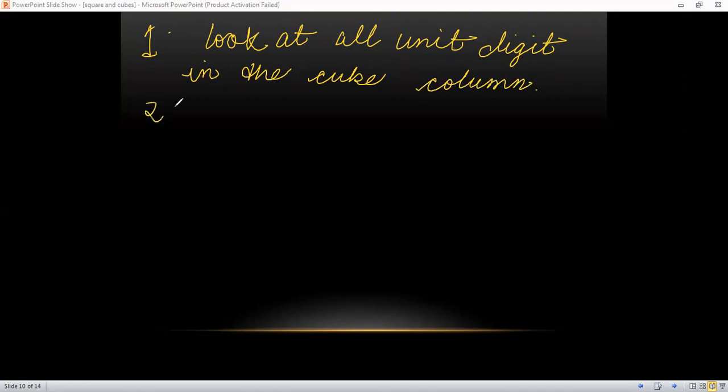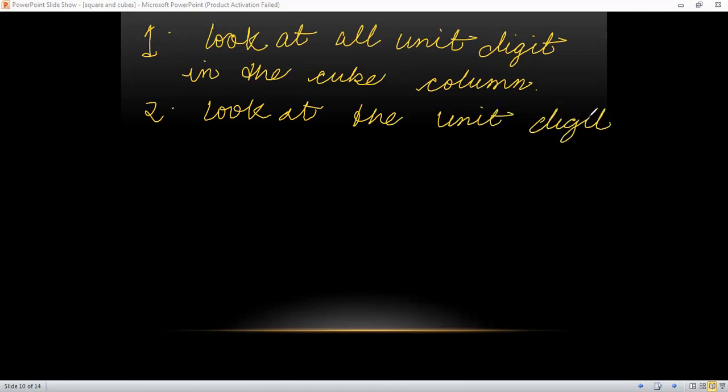And step 2, look at the unit digit of the given number, then you compare both numbers, and then you write the unit digit for the cube root.